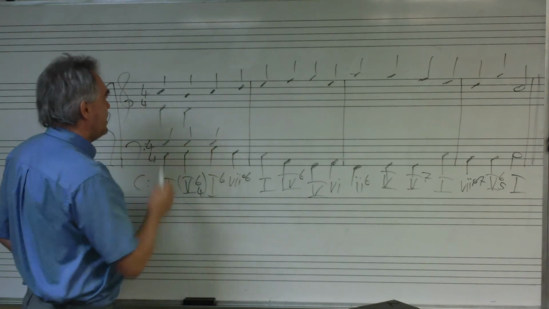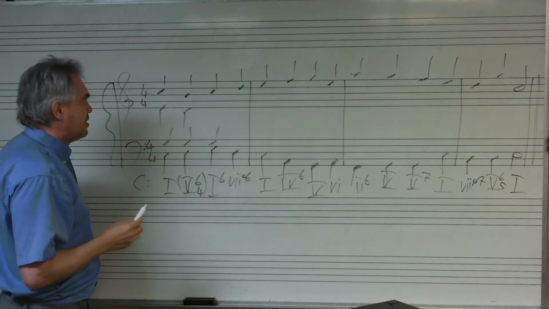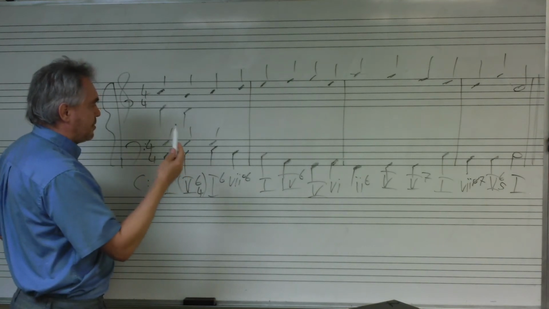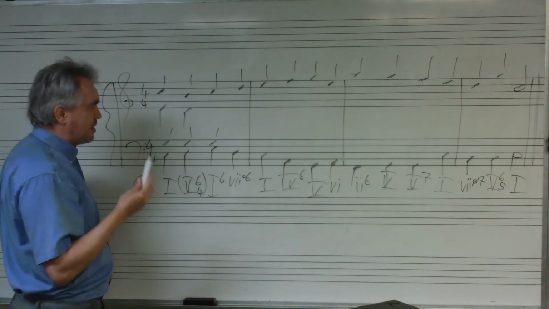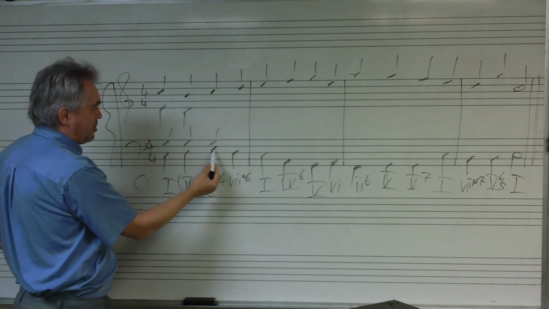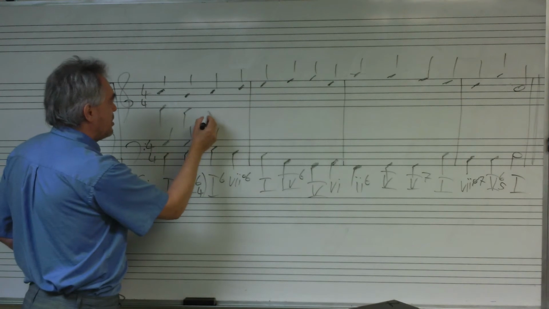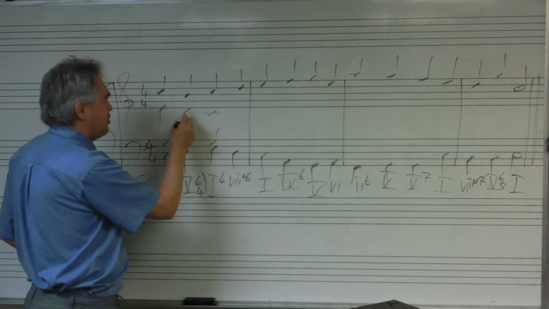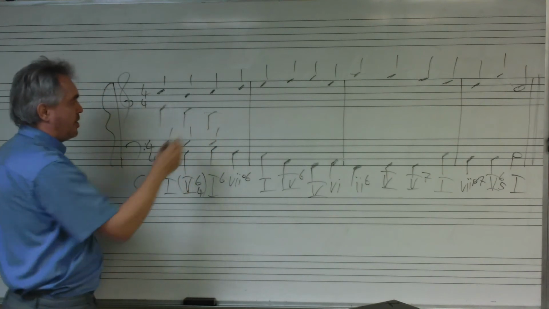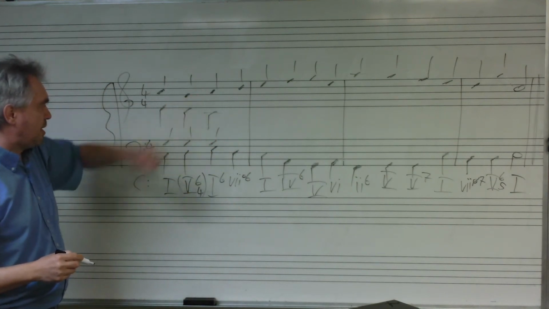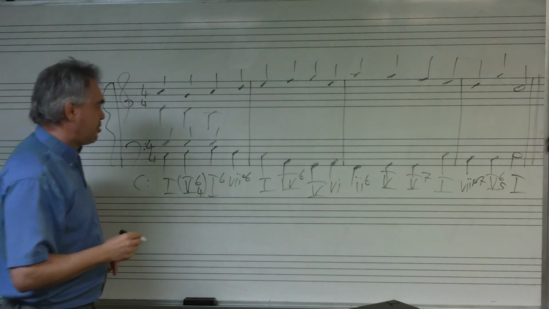But C, E, G, and now I can really write any note, except I don't want to double the third, so I should not write an E here, because I already have an E. So let me go to the note below the D, which also goes stepwise, a C. So I have C, C, E, G. I double the root of the chord.